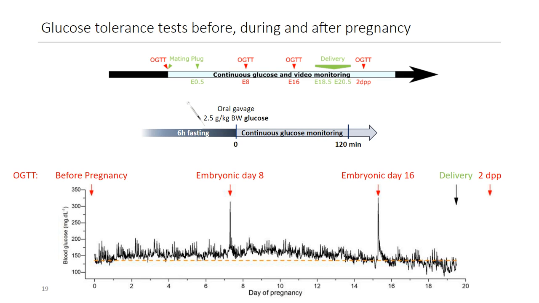In a glucose tolerance test, as mentioned before, you fast the mice for 6 hours, we administer glucose, and then we can follow up the blood glucose for at least 2 hours, but of course we could go longer because we have the continuous glucose monitoring.